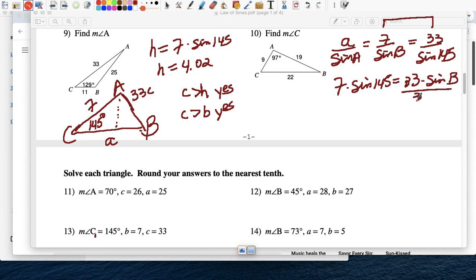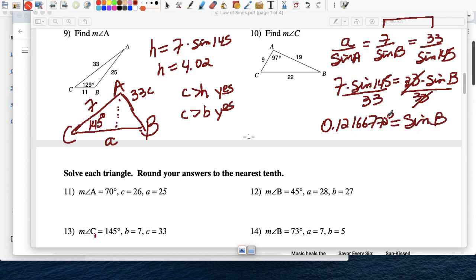I'm going to divide both sides by 33 so I can get rid of that. And then we're going to use the inverse function sine to find the angle. So let's just get to that first. So 7 times sine of 145 over 33, enter, we get this number, which is the ratio of the opposite over the hypotenuse of a particular angle that we don't know yet.